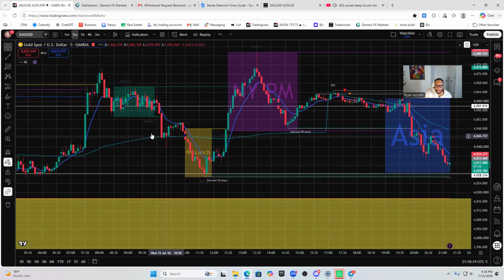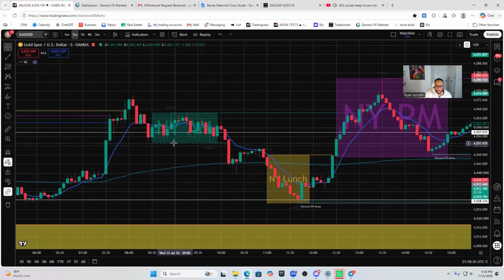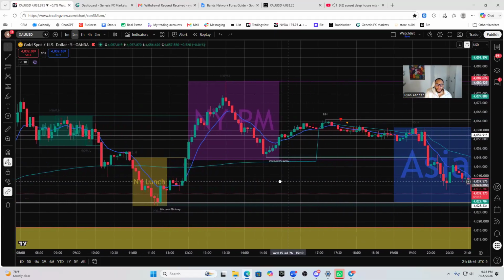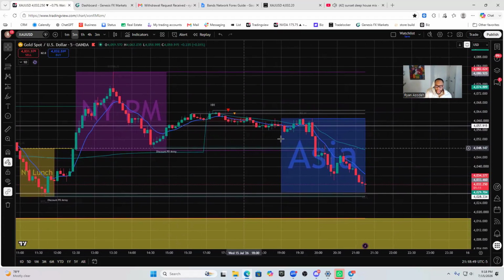For example, this right here is the low of the New York session. Once we broke below this low on gold, we dropped, pulled back, and had a large move to the downside. A lot of the volume in the foreign exchange market happens within these specific kill zones, in these specific sessions.